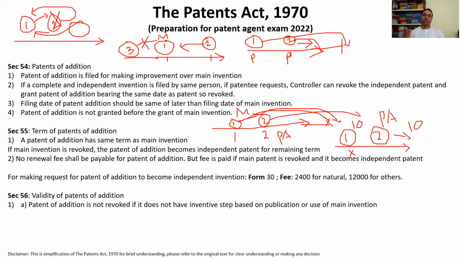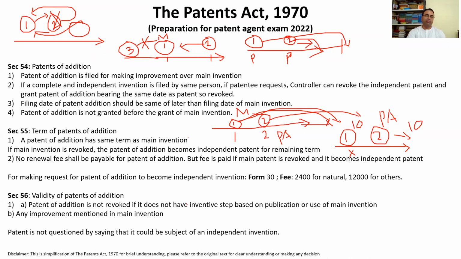Everything in the main invention is known, so based on that you say what extra you did. You cannot approach the court and invalidate the patent of addition by saying that the main invention has everything and there is no inventive step based on the publication or use of the main invention. Any improvement mentioned in the main invention will not be a validity case.